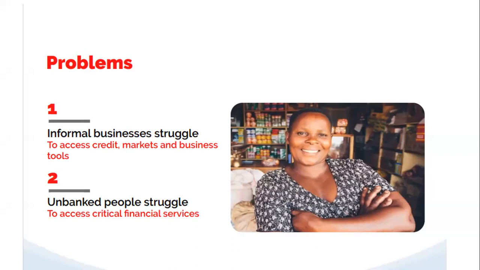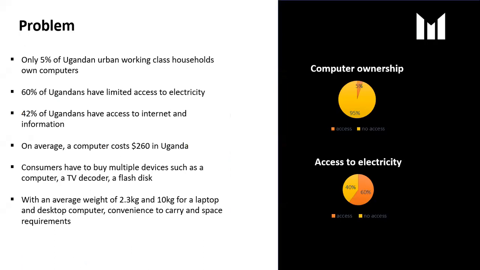So a problem needs to highlight the existing challenge that when you bring a solution, it fulfills. Okay, these people have noticed that 5% of Ugandan working class households own computers. 60% of Ugandans have limited access to the key. 42% of Ugandans have access to internet.